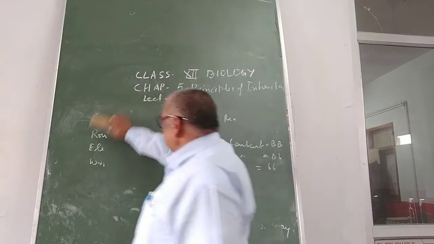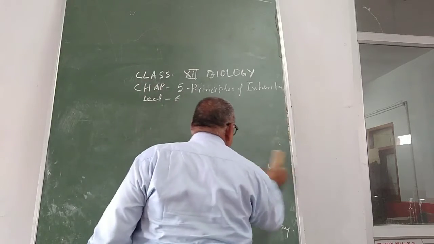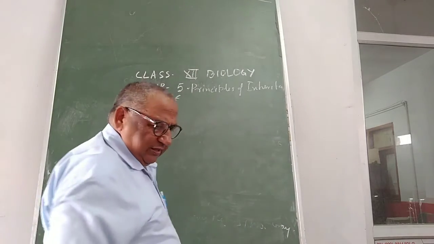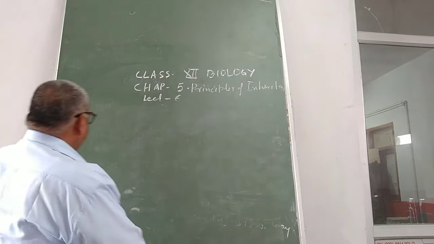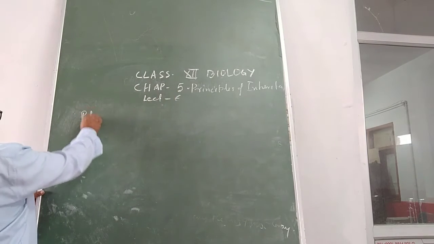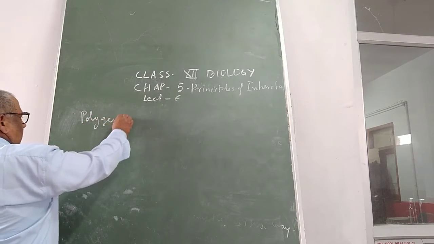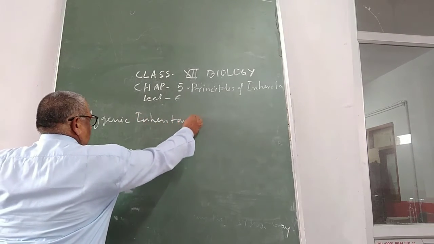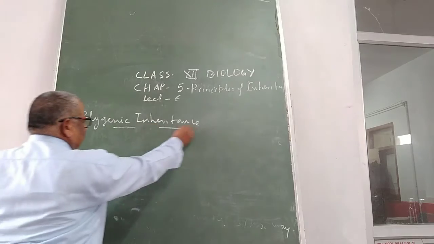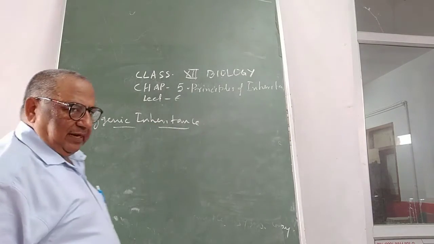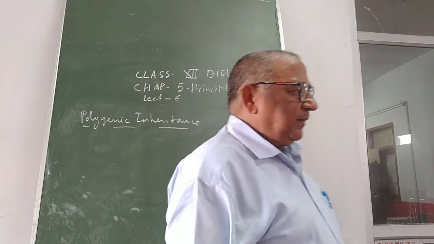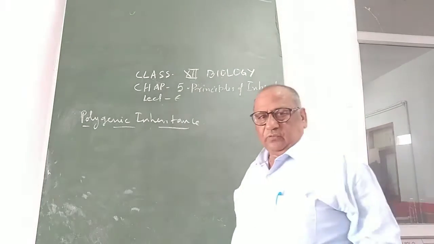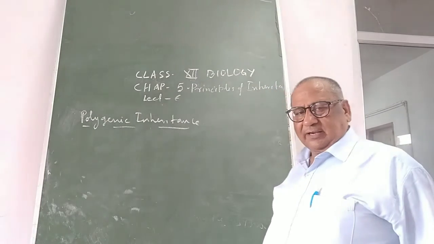Now, another important phenomenon we are going to study is polygenic inheritance. Polygenic inheritance means, again we are repeating the same thoughts. According to Mendel, one gene controls one character.